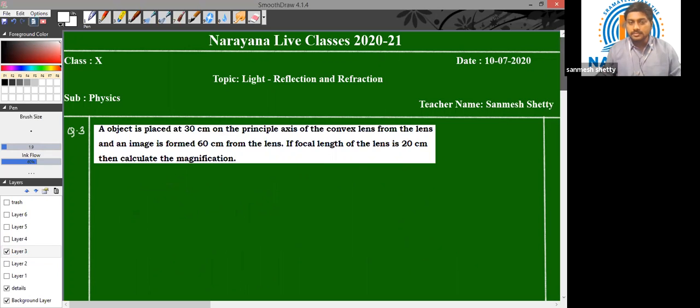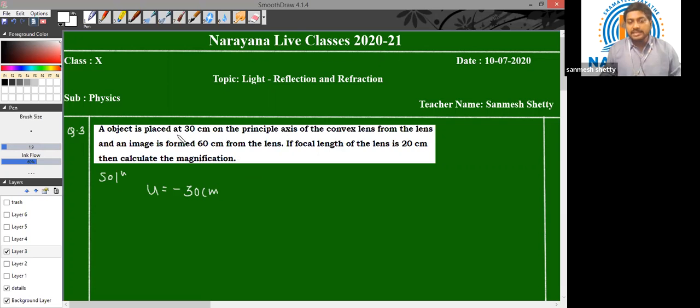All right. An object is placed at 30 centimeter on the principal axis of a convex lens. So the object distance is given here. Object distance is, let us say, minus 30. Why minus? Because according to the convention, the object is kept always on the negative x-axis. That's why the minus sign.